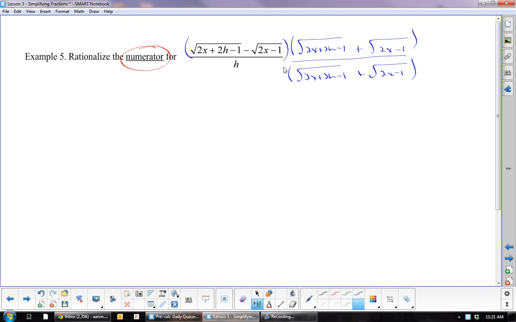So when we multiply these two together, we're just going to get rid of the radical sign. So we'll have 2x plus 2h minus 1 minus, now we really got to be careful with that minus, so I'm going to do brackets, 2x minus 1, and that's all over h times root 2x plus 2h minus 1 plus root 2x minus 1.